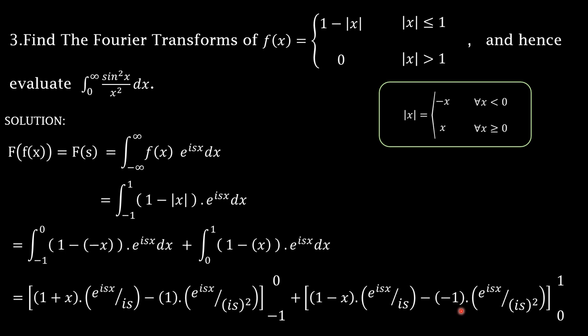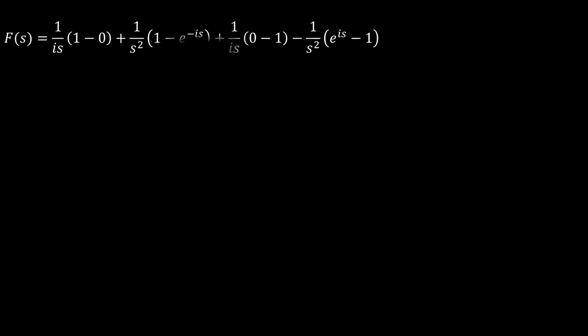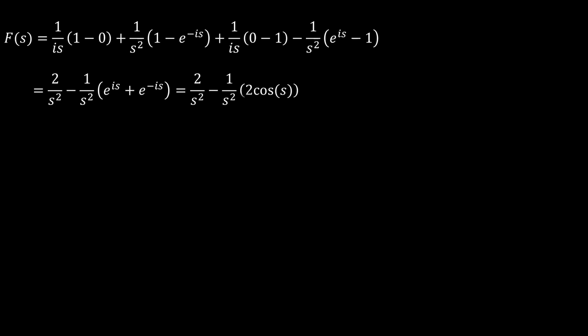Derivative of 1 minus x is minus 1, into integration of second function, which is nothing but e to the power isx divided by is whole square, where the limits of x are varying from 0 to 1. Applying the limits and simplifying the equation, the Fourier transform of the function is equal to 4 into sine square s by 2 divided by s square.